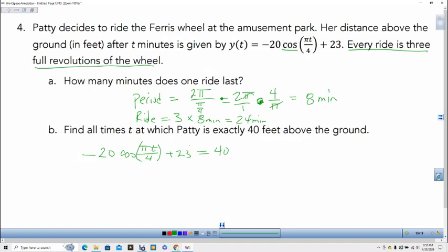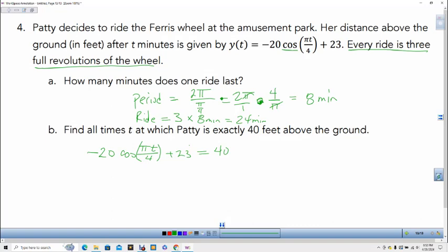Now, with this one, it all depends on if this is a calculator problem or not. If this is a calculator problem, this becomes really simple, because all you're going to do is graph this, and graph the line y equals 40, and see where they intersect and how many times they intersect. They're going to intersect a couple of times.